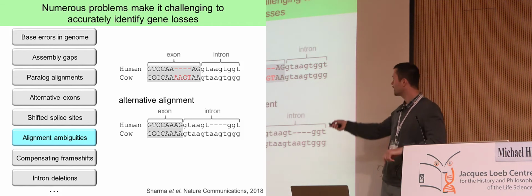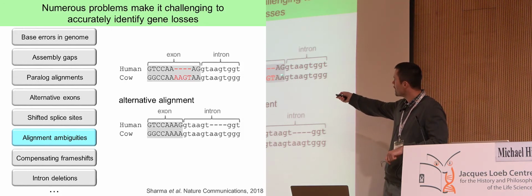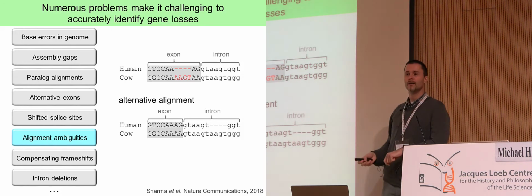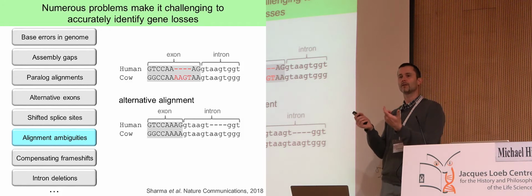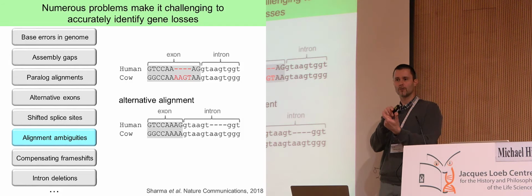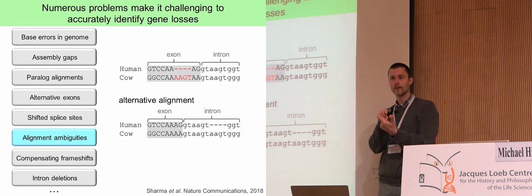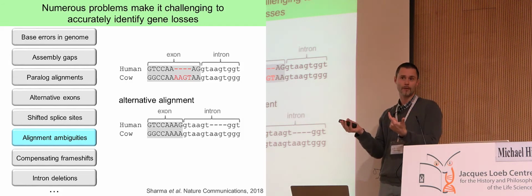The reason is, if you carefully look, there is some sort of micro duplication here. So the aligner doesn't necessarily know where to put this insertion. If you put it in the exon, you would conclude, oh, this looks like a gene loss. If you put it in the intron, we would conclude nothing happened.